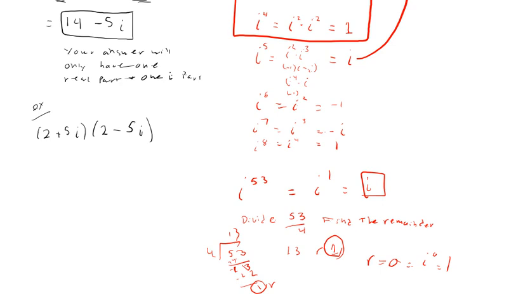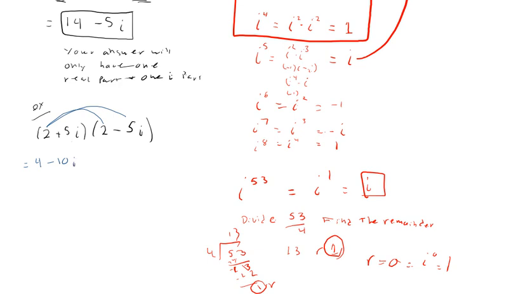Same thing, I'm going to need to distribute. So 2 times 2, that's going to be 4. 2 times minus 5i is minus 10i. 5i times 2 is plus 10i.